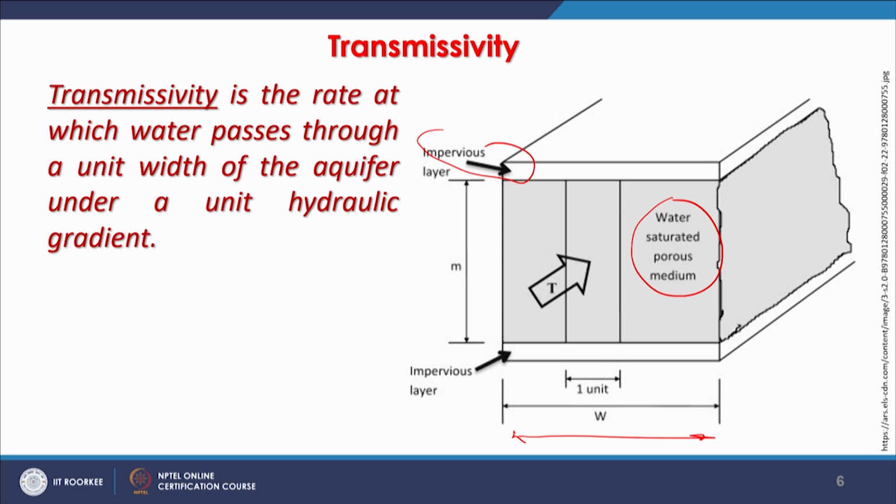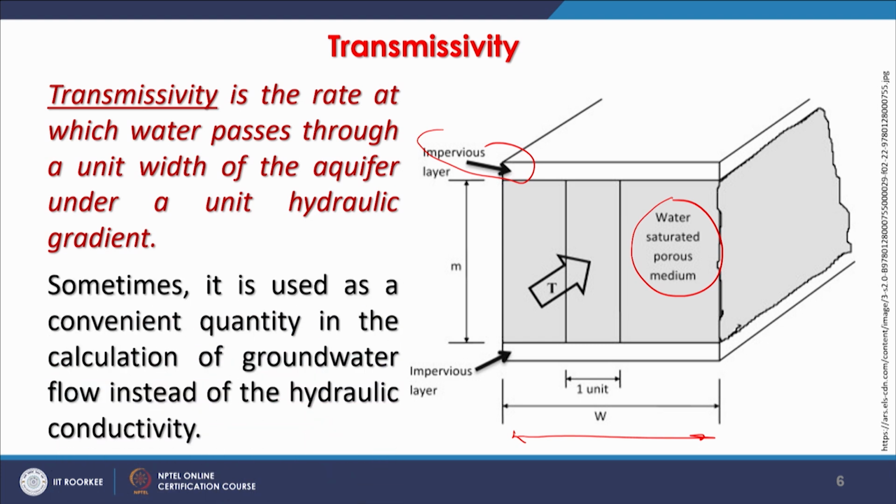Now, if the gradient is flat, of course the transmissivity is going to be less. If it is inclined, meaning there is a gradient, or in a more scientific way a hydraulic gradient, then the transmissivity value is going to be large.